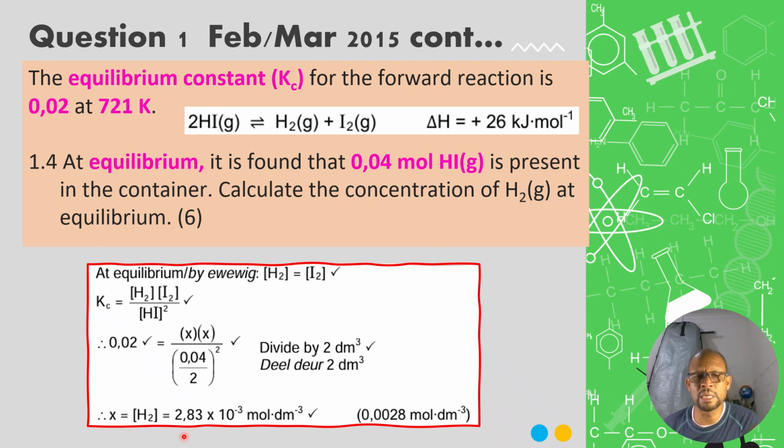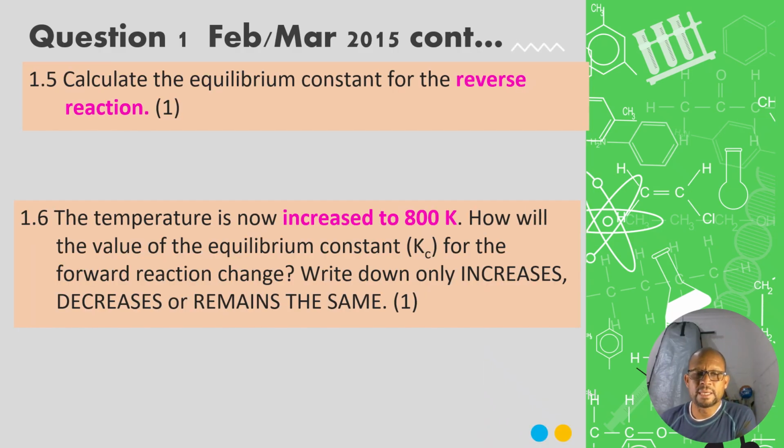You need to indicate that hydrogen concentration will be equal to the 2,83 times 10 to the power -3 moles per cubic decimeter. Now, take note, square brackets for hydrogen, not round brackets, and that you're going to put units in here because we're not calculating Kc, we're calculating the concentration of hydrogen gas. Okay, so that's your answer.